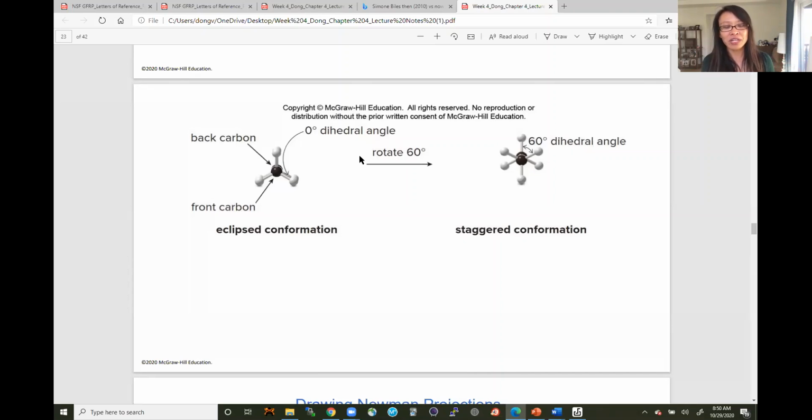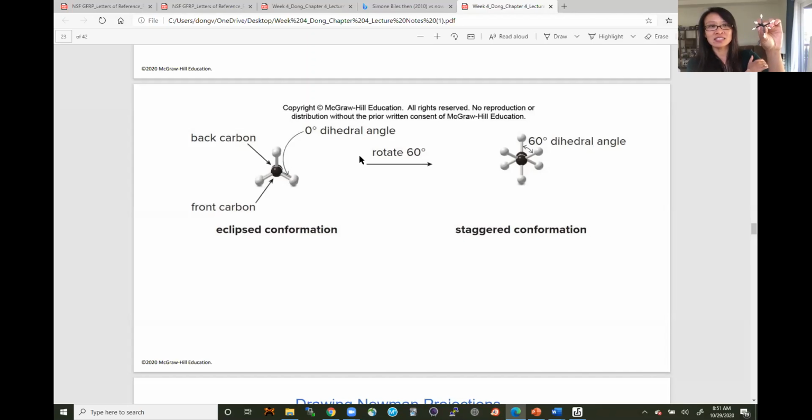In the second conformation, what you're gonna do is you're gonna take your ethane molecule and you're gonna rotate it by 60 degrees, either to the left or the right, doesn't matter. And you'll get to this type of shape. This is called the staggered conformation. In the staggered conformation, notice that the carbon in the front is bisected by the CH bond in the back, right? They're not aligned.